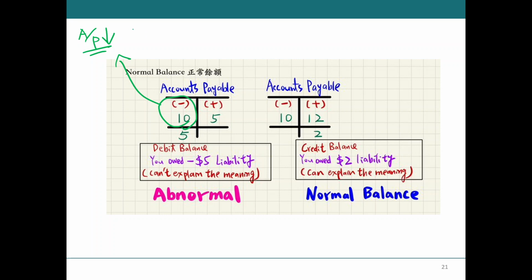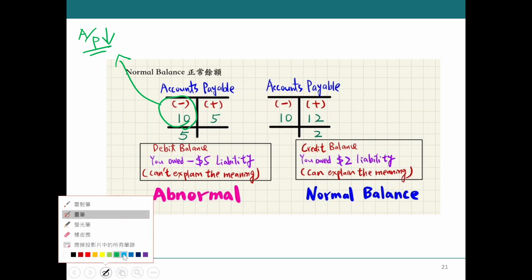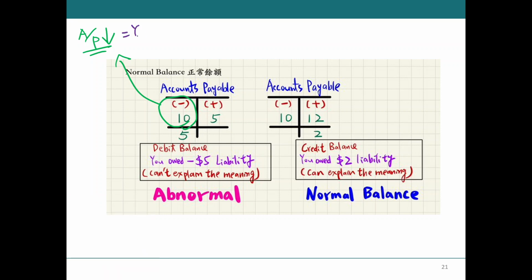So liability decrease means you pay the cash, which made your liability decrease. Okay, so my liability decreased $10 because I paid the cash, which made my liability decrease.